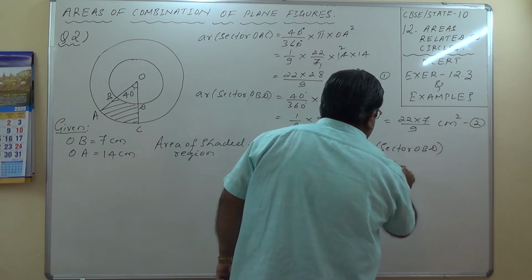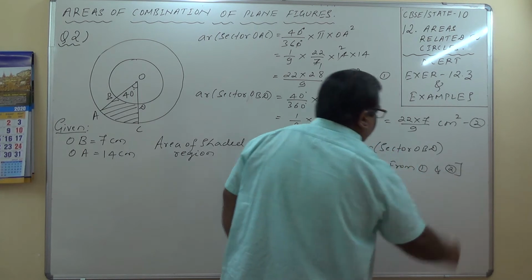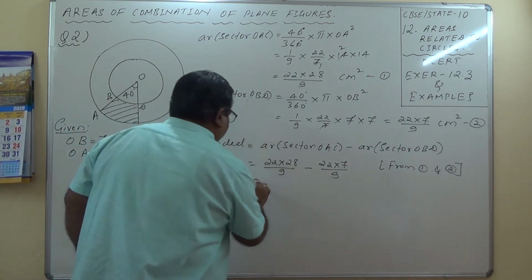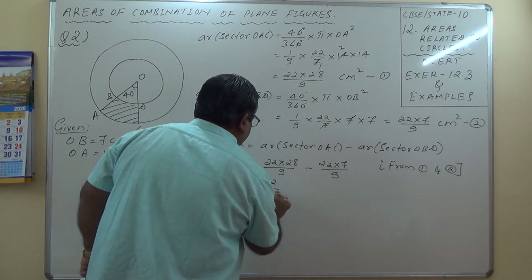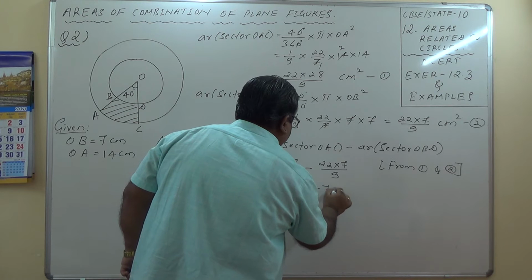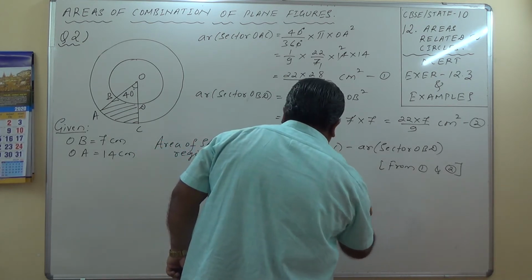This is from 1 and 2. Now we will take 22 by 9 as common here. 22 by 9 into bracket 28 minus 7.